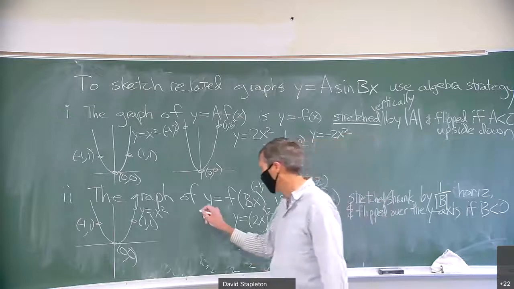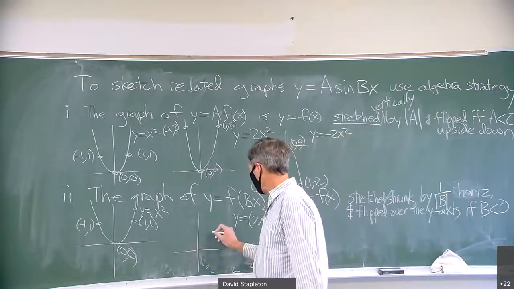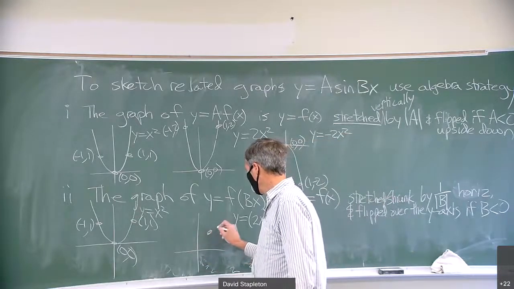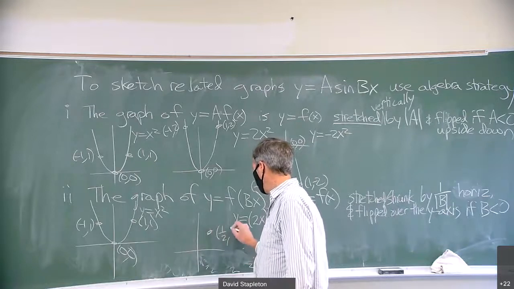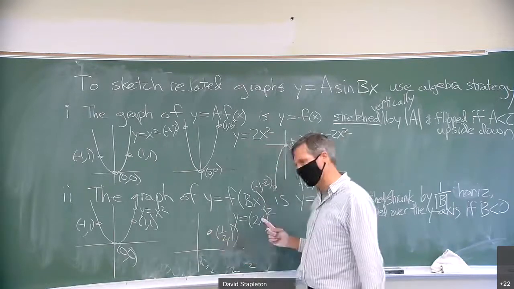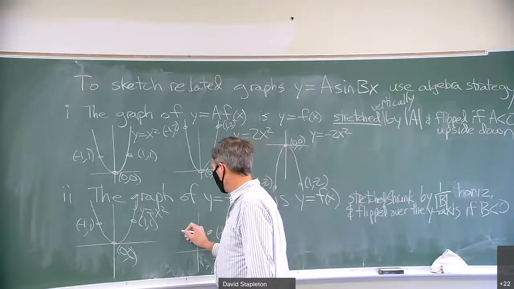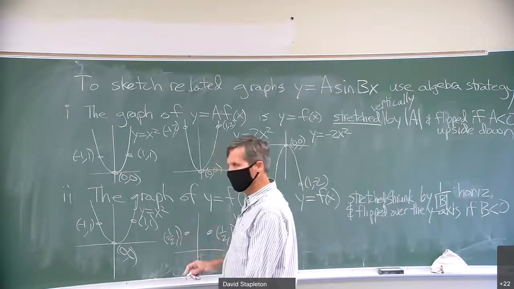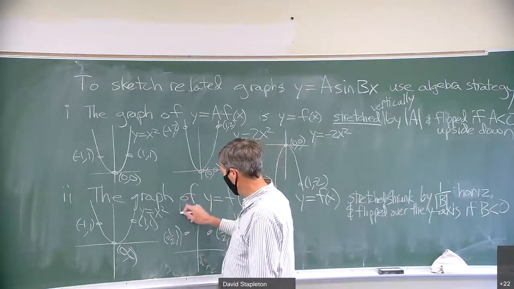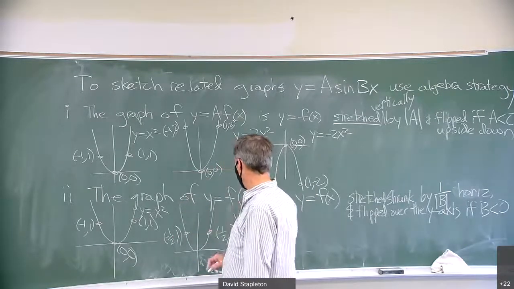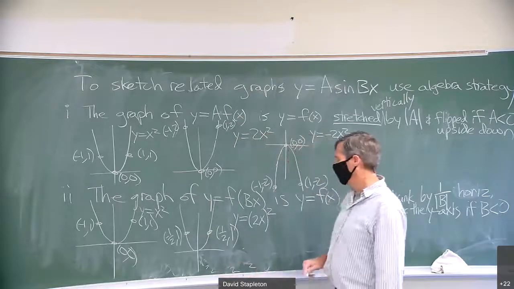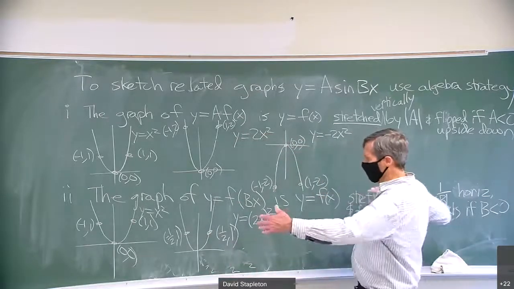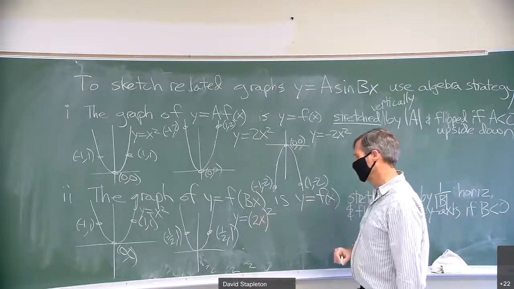It's that kind of thing. So instead of getting 1, 1, you get the point 1/2, 1. x only has to be half as big to get the same y. Same thing here, minus 1/2, 1. And in this case, it has the same effect as stretching vertically by a factor of 4. But it's really a horizontal stretch in general.